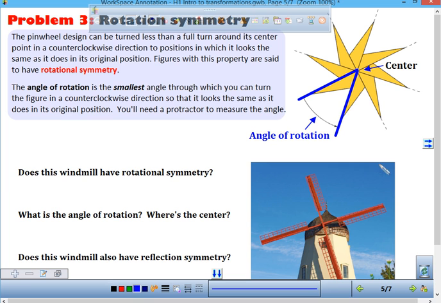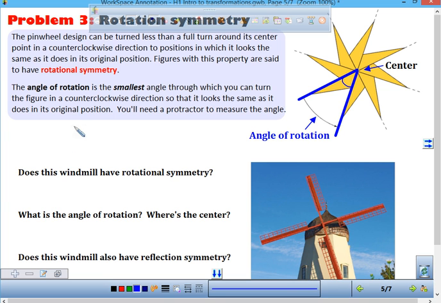Okay? Now, the angle of rotation, any ideas of how I might find what that degree measure is? Alex? Very good. 360 divided by how many times you could turn it and it's going to be the same. Okay?